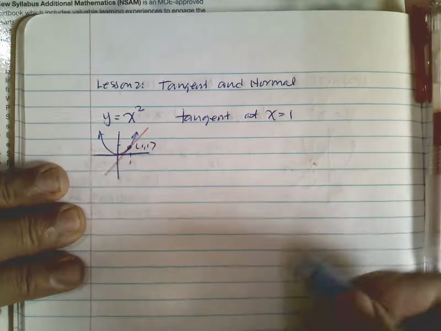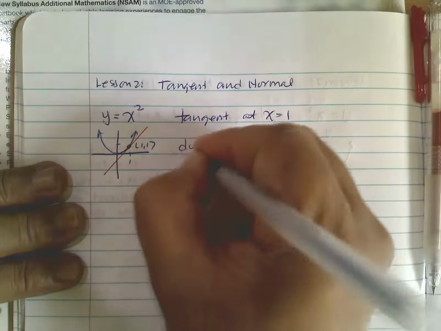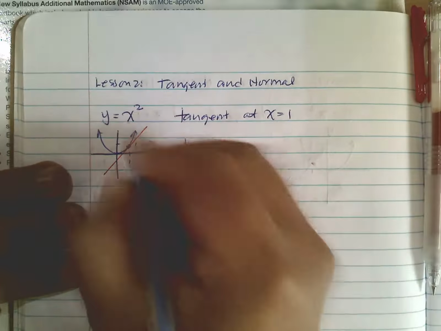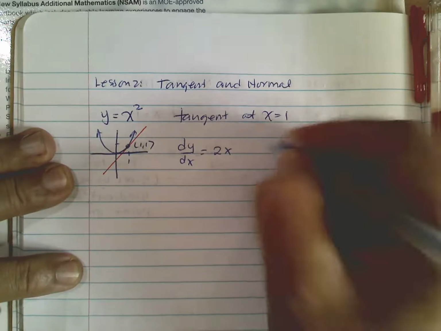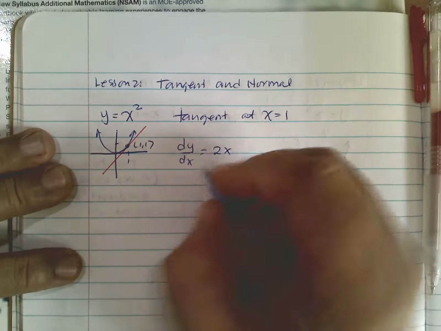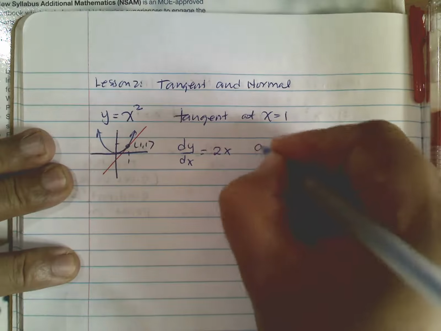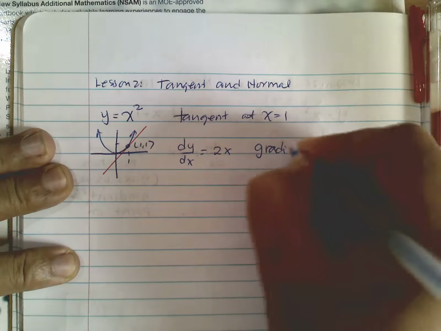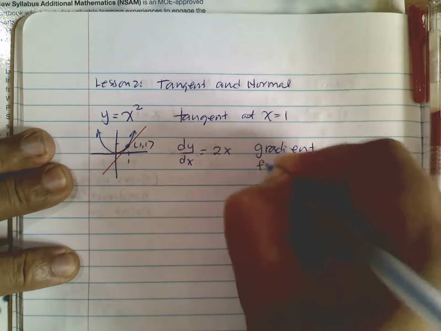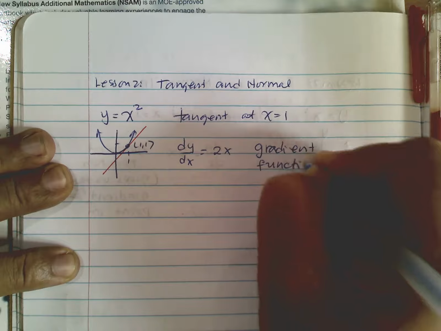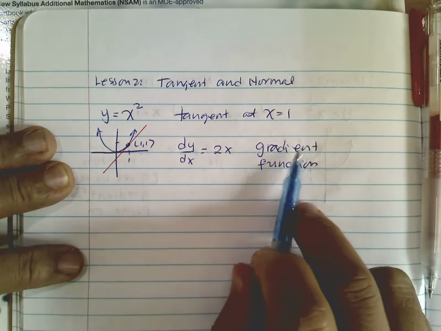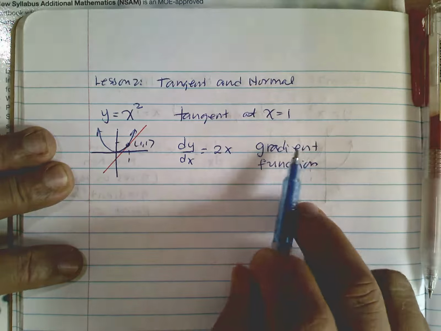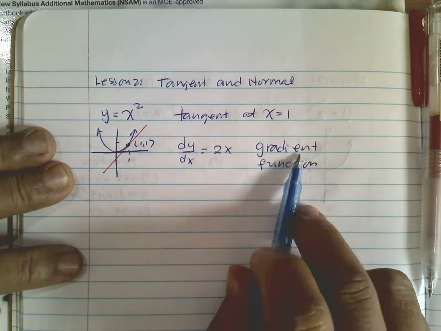So how are we going to do that? First we need to find the dy/dx of our function. The derivative of x squared is 2x. And then we need to plug in. So this derivative is the gradient function, because it is the function that gives you the gradient of any tangent line at a given point on the curve.